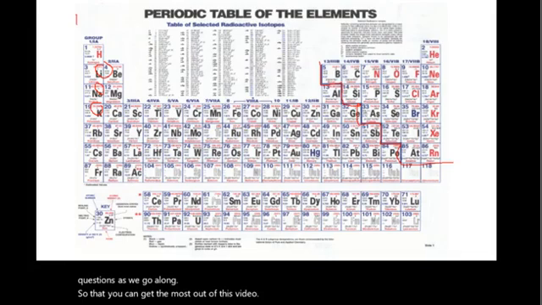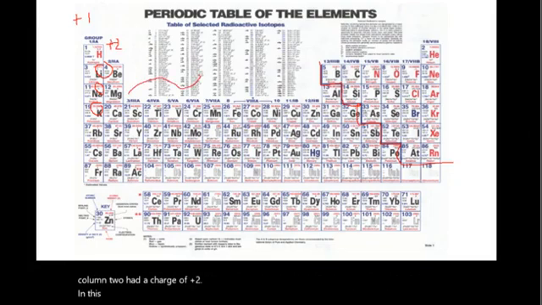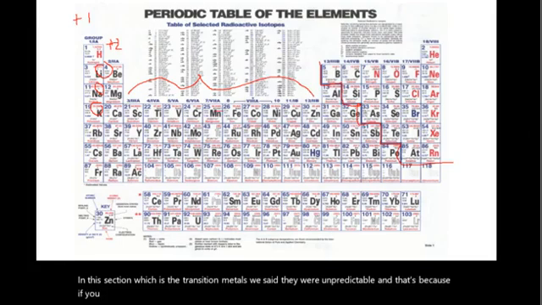If you remember, everybody in column 1 had a charge of +1. And everybody in column 2 had a charge of +2. In this section, which is the transition metals, we said they were unpredictable. And that's because if you look, there is a variety of different numbers there. What is that number?